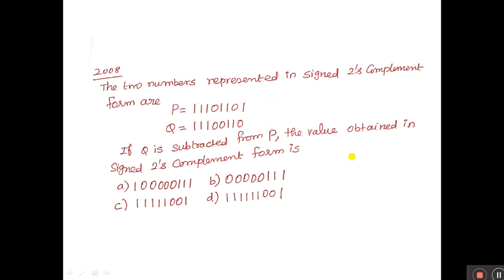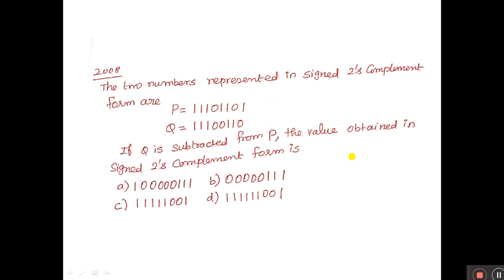GATE 2008 question. The numbers represented in signed 2's complement form are P equal to 111011101, Q equal to 111001110.